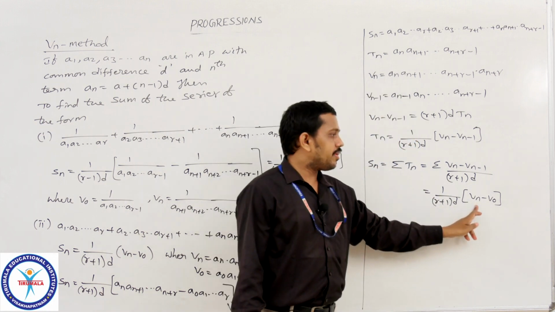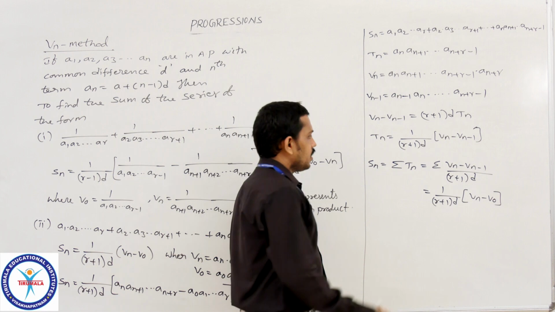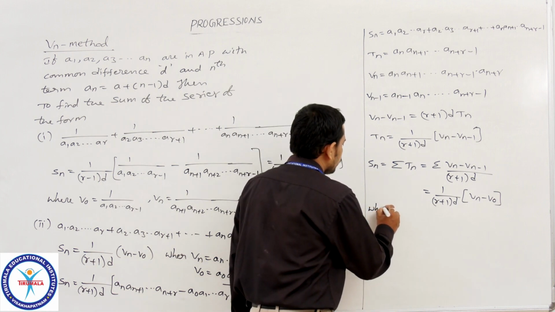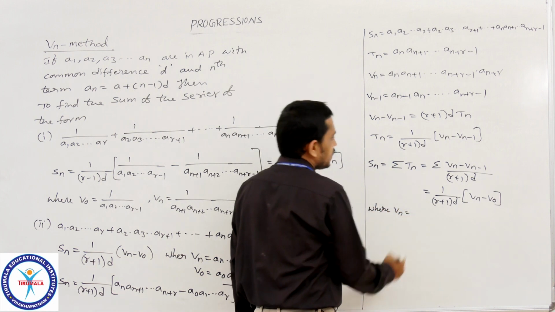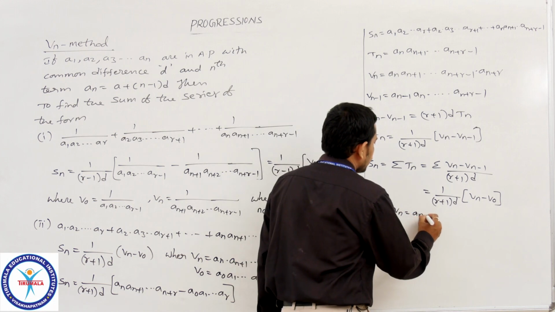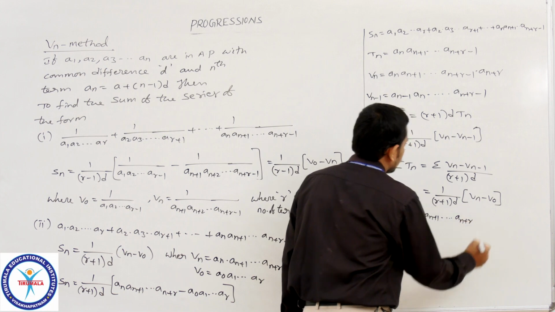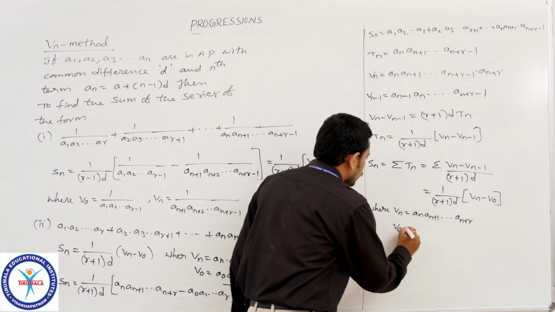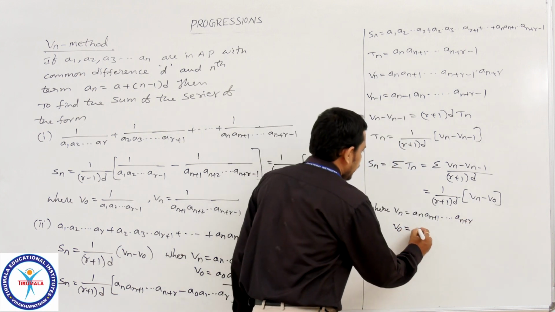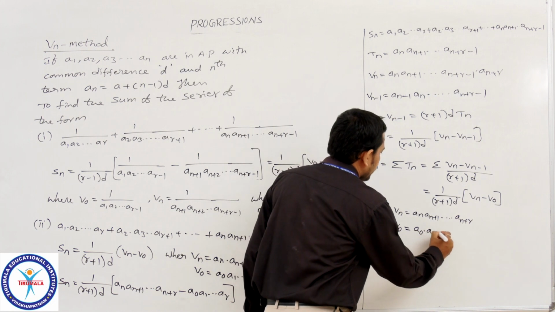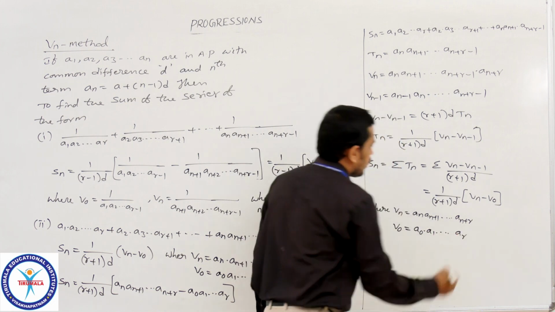Here we get Vn minus V naught, where Vn is equal to an plus 1 and so on an plus r, and V naught is equal to a naught into a1 into and so on ar.